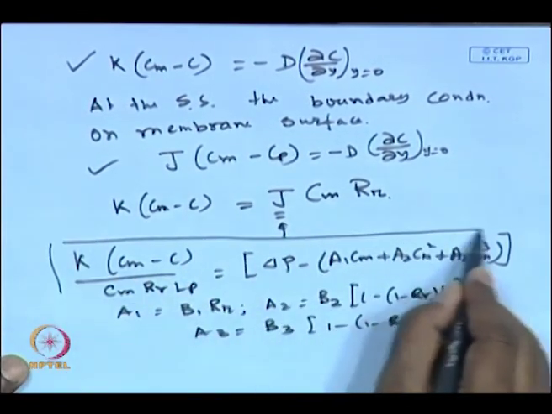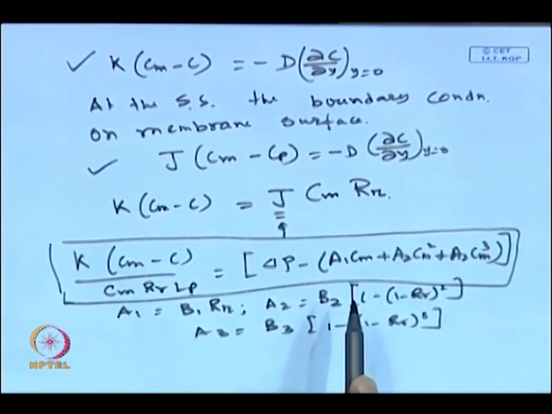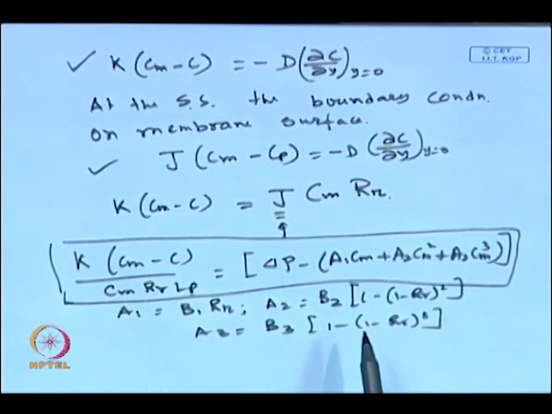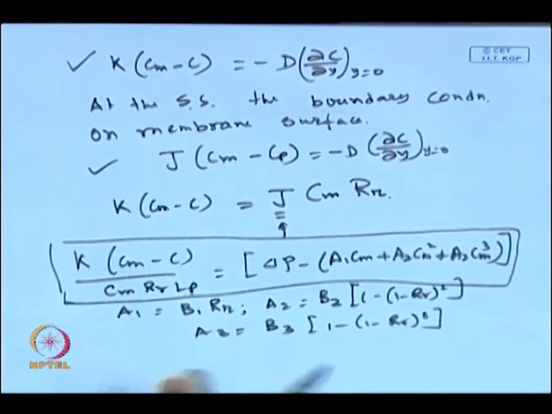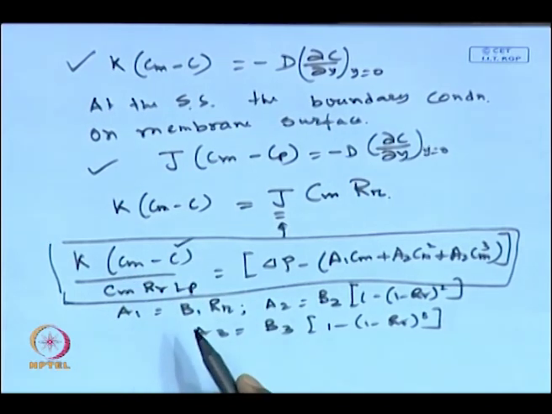This expression gives you an algebraic relationship between the bulk concentration and membrane surface concentration. So, when I am writing J equals LP into delta pi, and delta pi is a function of Cm, I should have a relation between the membrane surface concentration Cm and the bulk concentration C, because all my governing equations are now in C. So, this is the algebraic relation that gives you the interface relationship between the surface concentration on the membrane and the bulk concentration C. Now, what is the expression of mass transfer coefficient you can take?